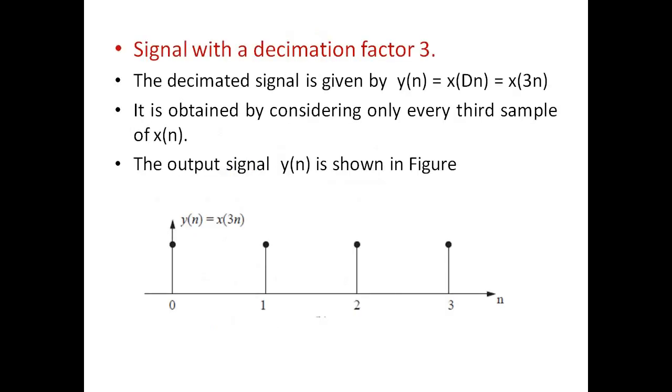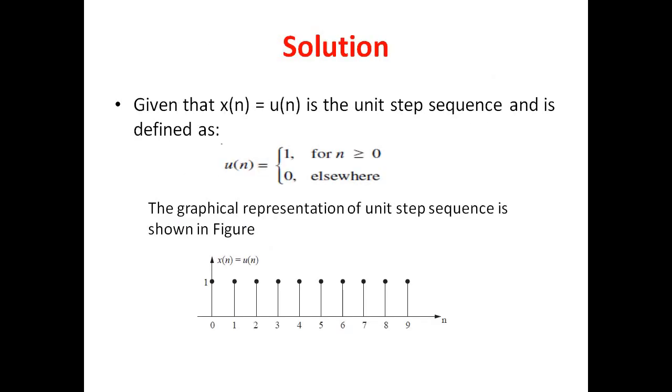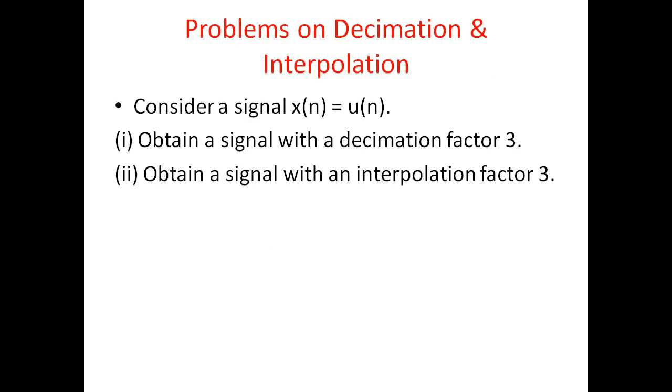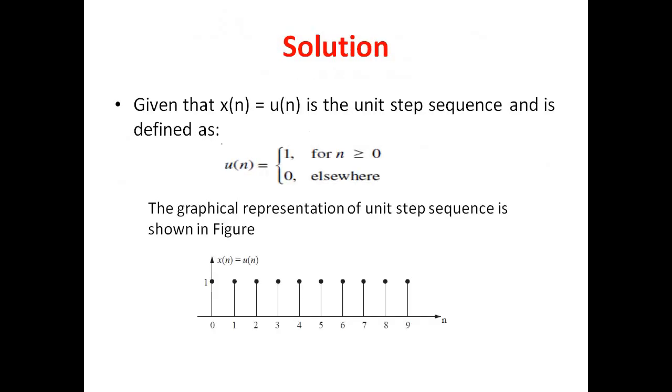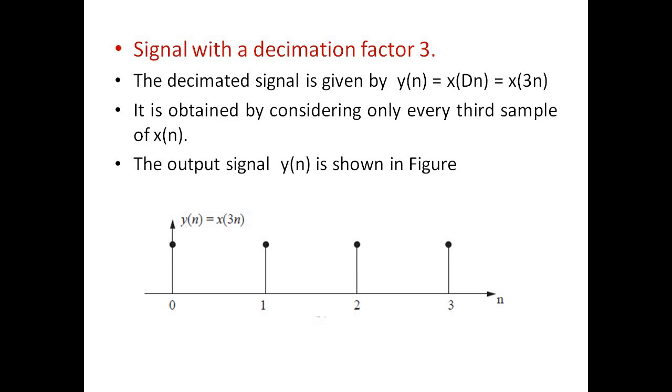Now the question comes: we know what the given signal x of n is. We obtained the given sequence x of n in the previous slide. And now we need to obtain the decimation by a factor of 3 and the interpolation by a factor of 3. So slowly we will extend the first signal, x of n, decimation by a factor of 3.